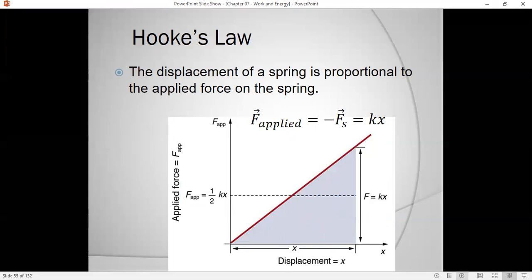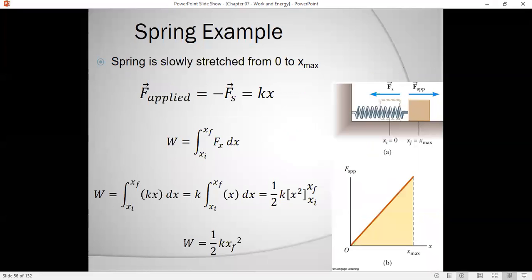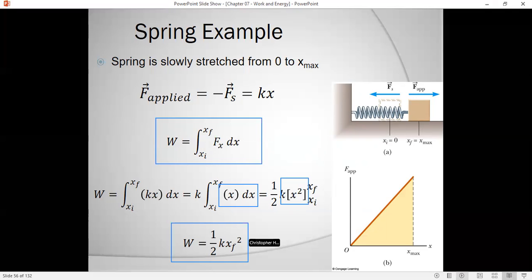All right. So in the case of Hooke's law, in the case of a spring, we can do our integral, okay? If you've done calculus before, you know if I integrate x dx, I get 1/2 x squared. In the case of this triangle, the area is equal to 1/2 the base times the height.